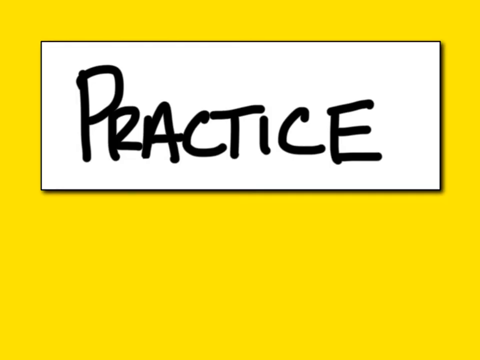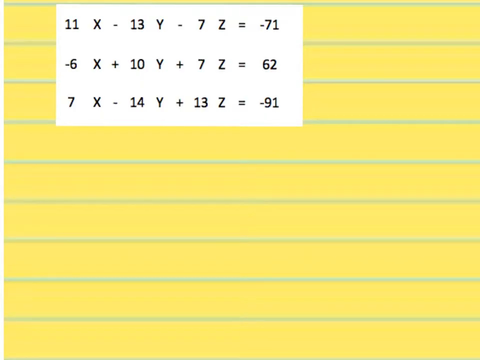You caught on. Try this. Our first move is to use these two equations to create a new one with only y and z in it. You have an 11 and a negative 6 out here. You could make both of these 66s, one negative, one positive.